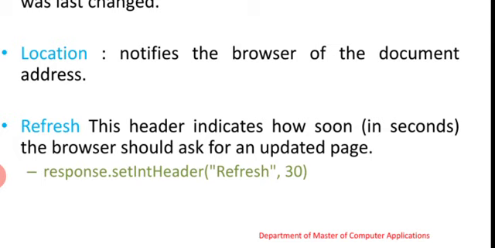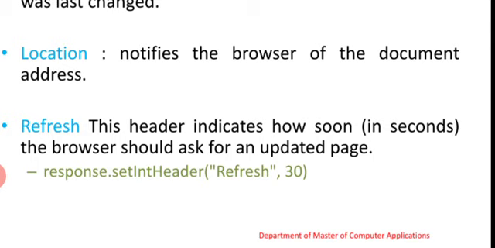So to set the refresh here, like response set int header, then pass the value as refresh and how many milliseconds, say 30 milliseconds. In this way you set the response for this refresh page for your response header.